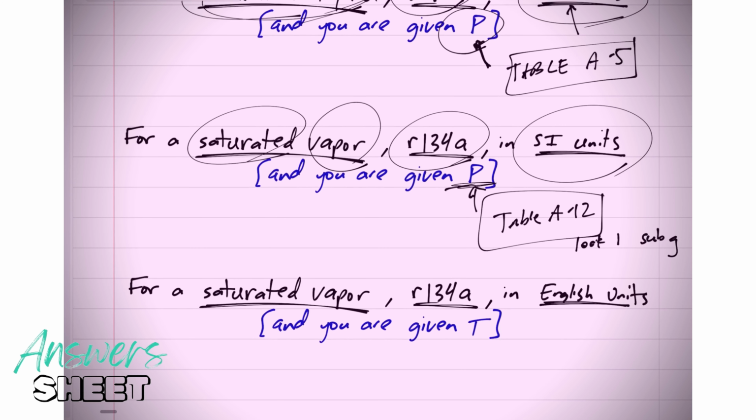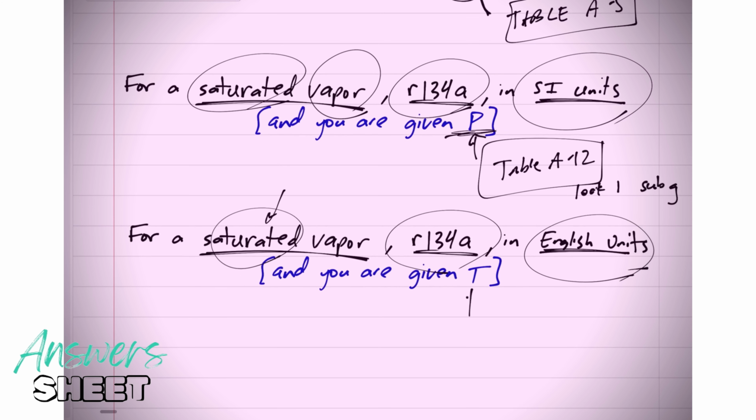All right, one last one. Then we'll do some problems. Okay, I'm in English units, so I'm in Appendix 2, the appendix with all those E's on the end. Refrigerant, so I'm looking at 11E, 12E, or 13E. It is saturated, so I'm looking at 11E or 12E.